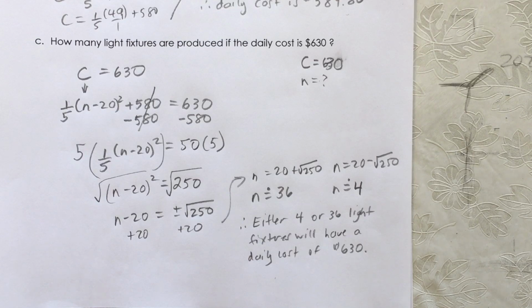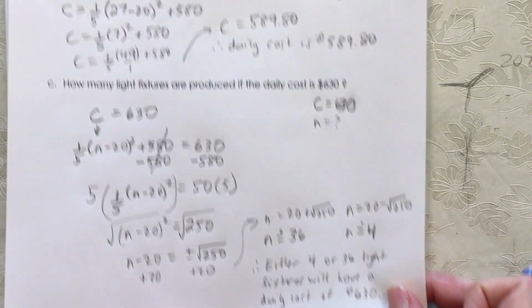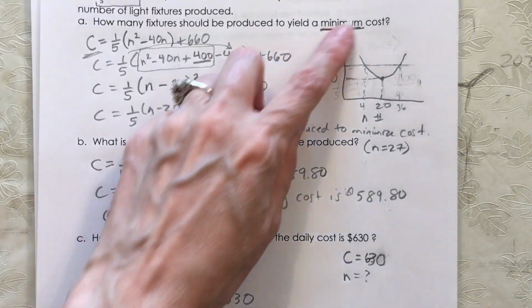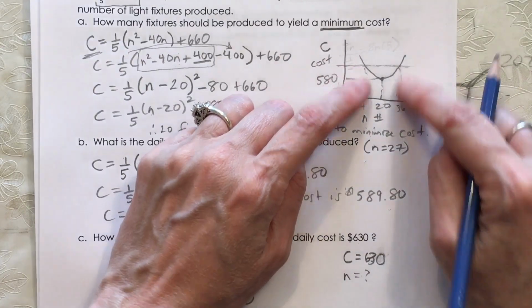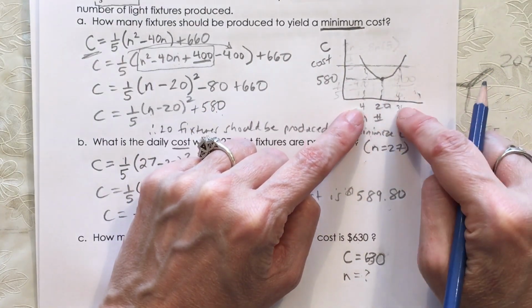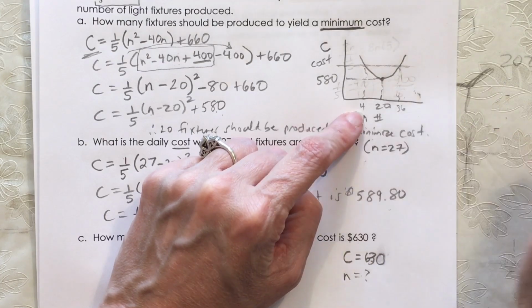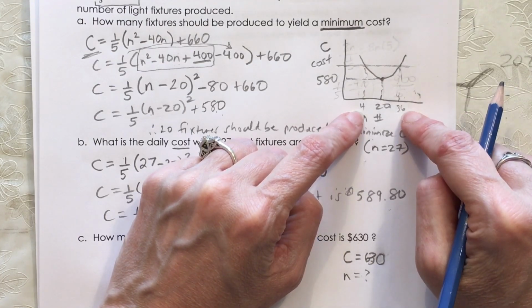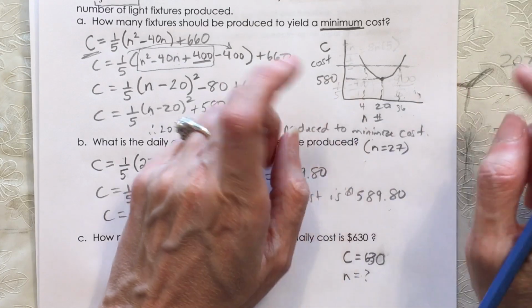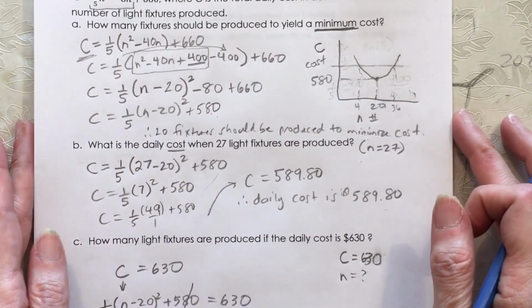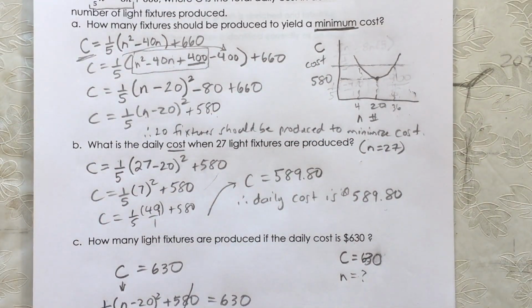Okay, a lot of people ask, how can there be two possibilities? If this is being modeled by a quadratic, there will be two possibilities if you're other than the vertex. So you might think, well, why does 36 cost just as much as 4? Well, maybe you have to hire more workers, and there are lots of factors that you can take into consideration.